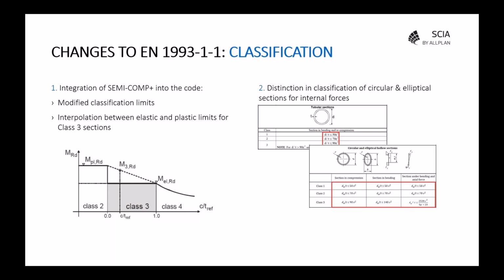And now you can see that there are different limits depending on which force components are present, and also the elliptical sections are taken into account. And thirdly, there is also now effective sections available for circular and elliptical cross sections. So that means that you can now calculate with a class 4 tubular section.